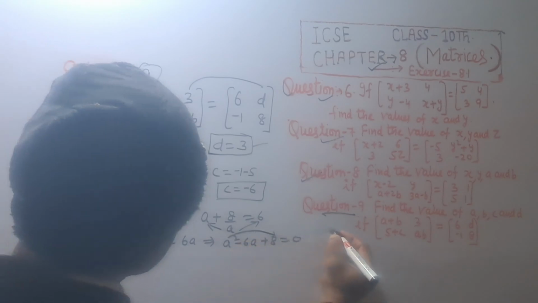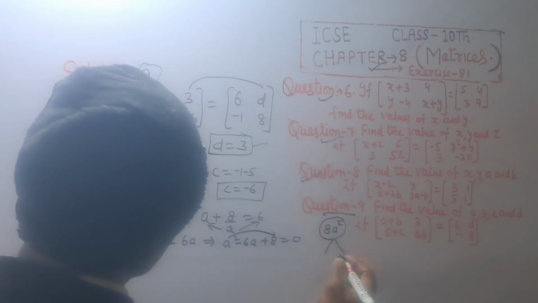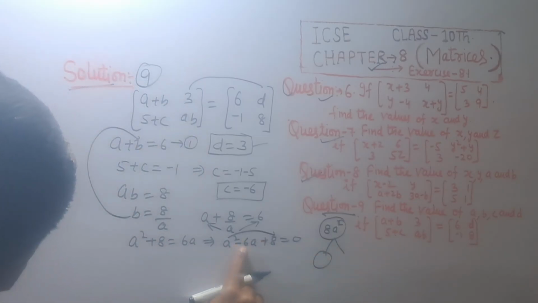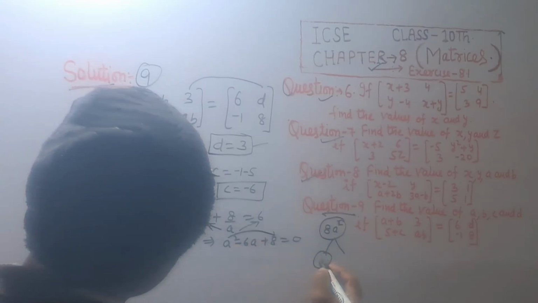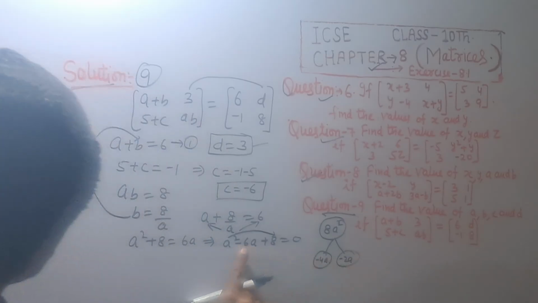Splitting by middle term. Product of first and last is equal to 8a square. We are splitting by middle term, that is minus 4a minus 2a, two numbers.